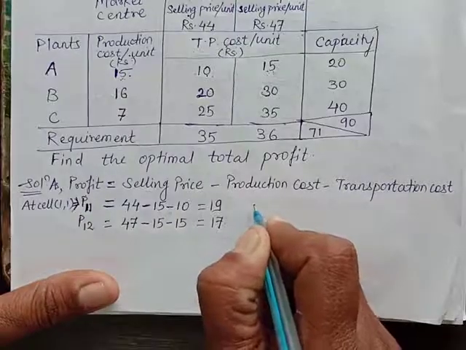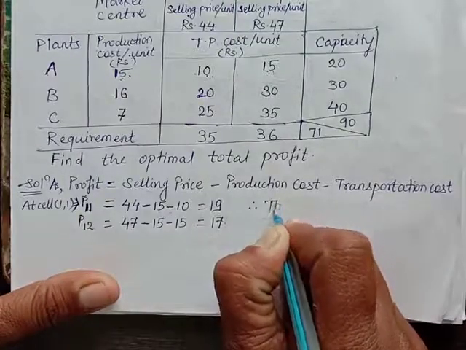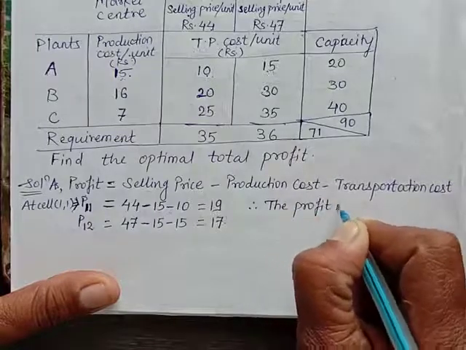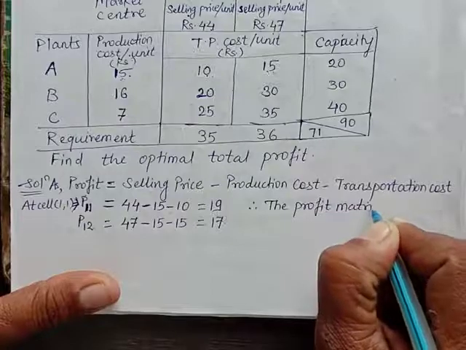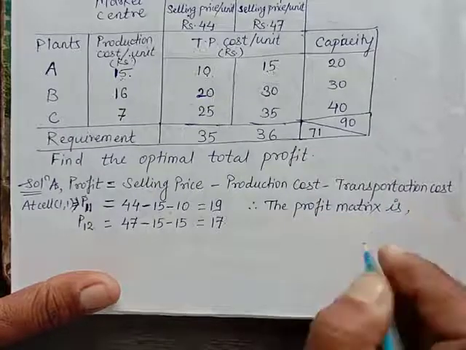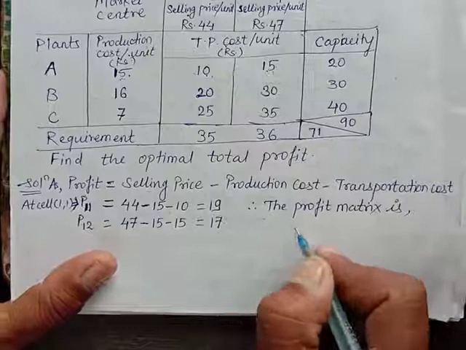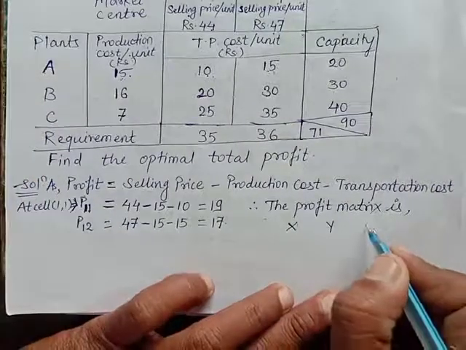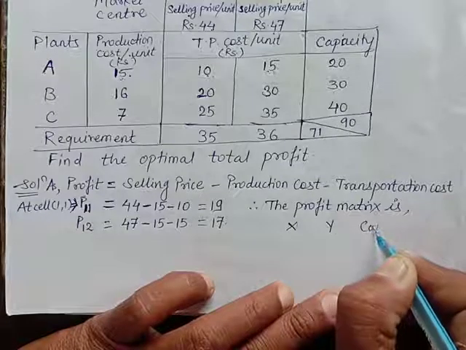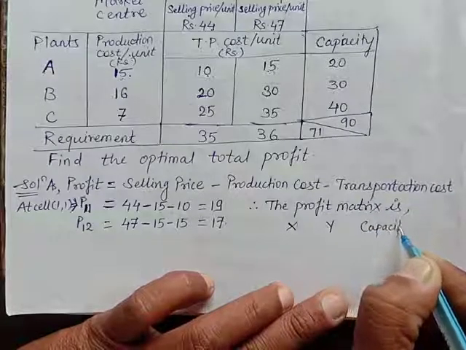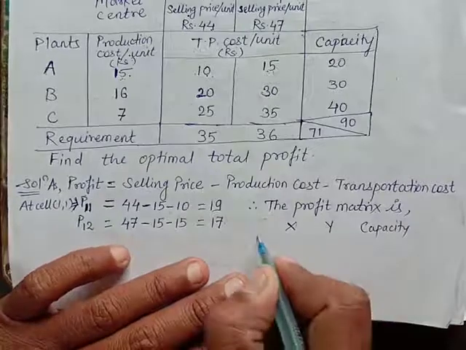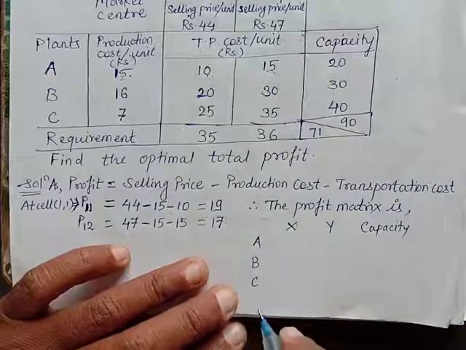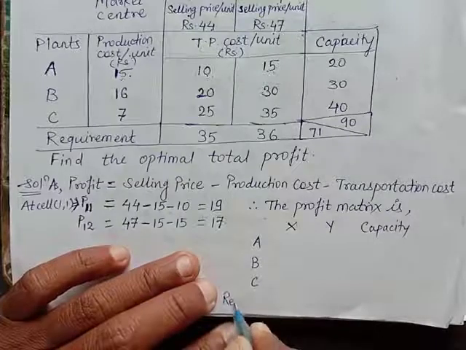Therefore the profit matrix is: our destinations are X and Y, the markets, and their capacity is our supply. Here the plants A, B and C are our origins, and the requirement is our demand.